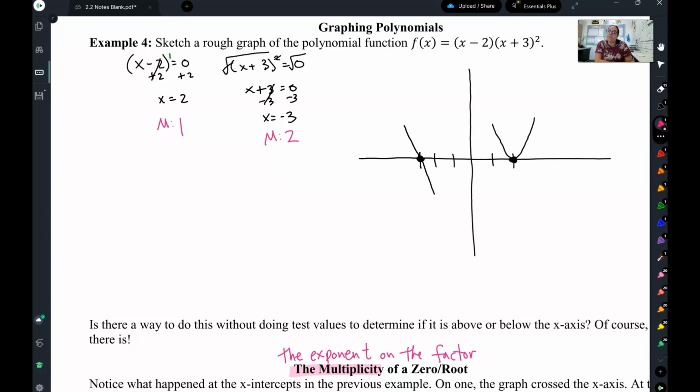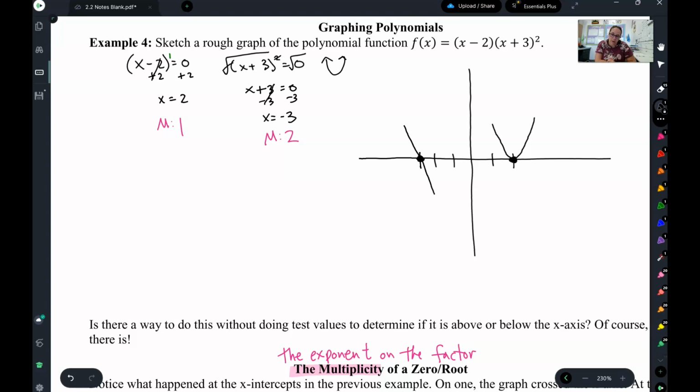Now, that's how you find multiplicity, but how do we use it? Well, I want you to think about it this way. If I look at this one and it's being squared, well, we just talked an awful lot about things that are squared. We know that the graph of x squared looks like a parabola.